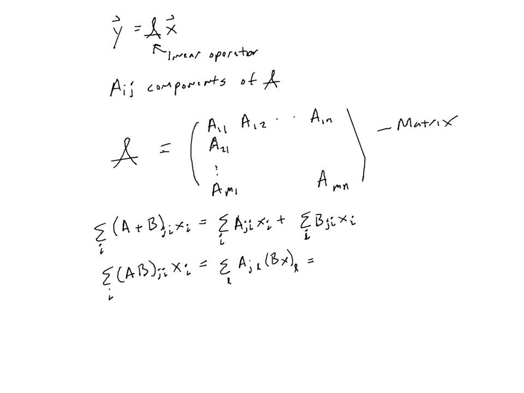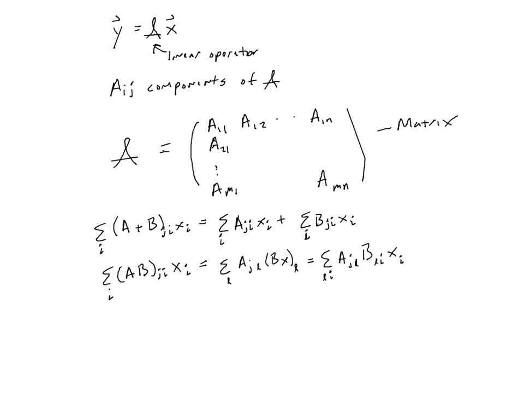And that is equivalent to the sum over both l and i of A_jl times B_li x_i. What this second one does is it gives us the formula for matrix multiplication.